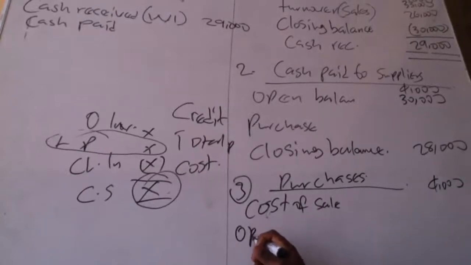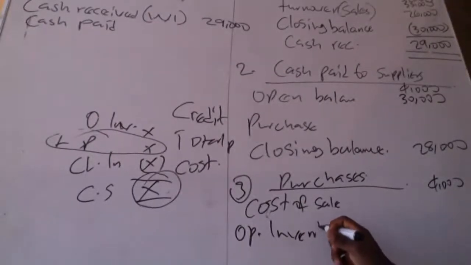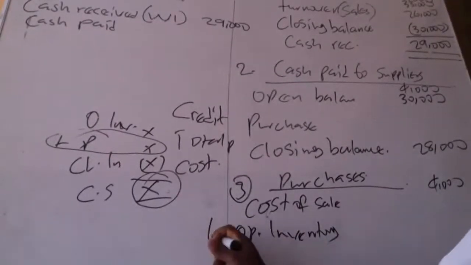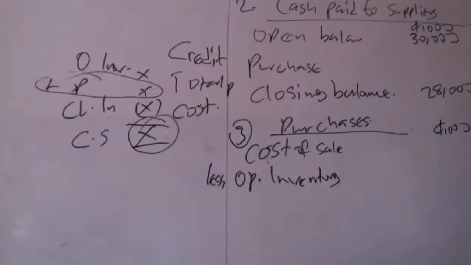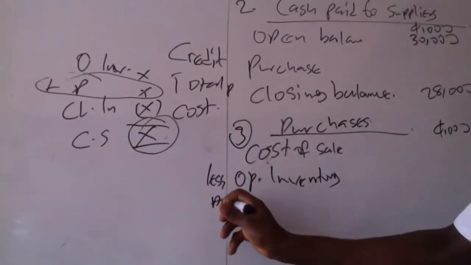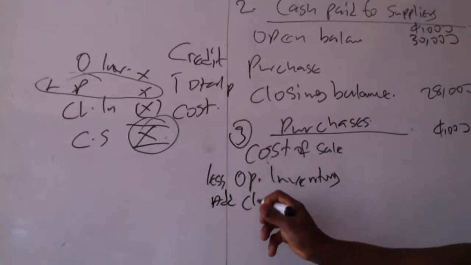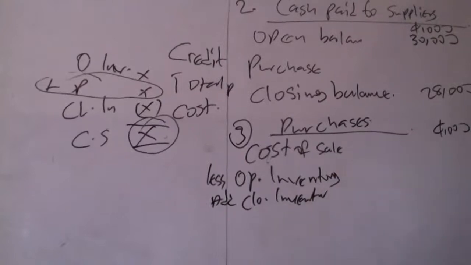Now open inventory they've added, so we will less open inventory. Then closing inventory to add. So add closing inventory. And then we get it.